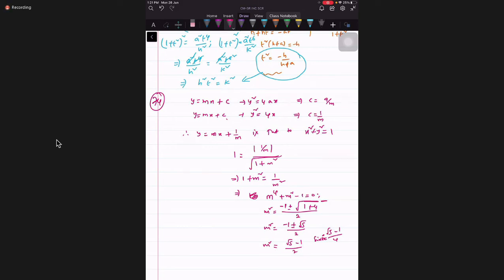Even 83 and 82 you can answer. Next, what about 81? The circle meets a line at two distinct points, so it is a chord. Another line intersects this circle at two distinct points R and S. Then the points are concyclic.